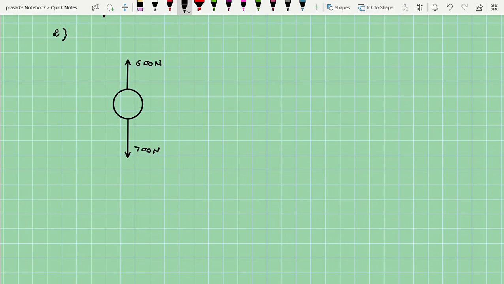Then a third force of 350 Newton is acting towards right. And the force of 350 Newton is acting towards left on this particle.